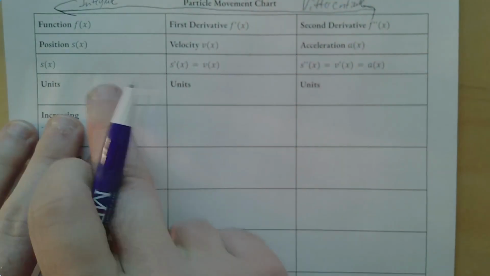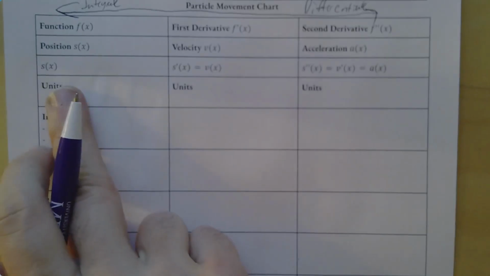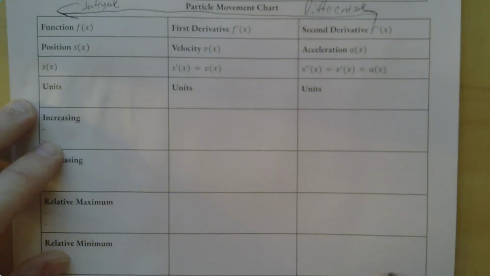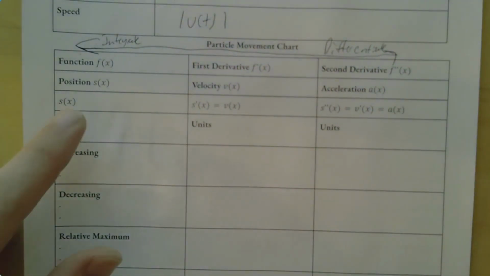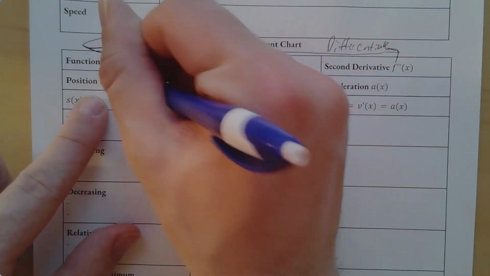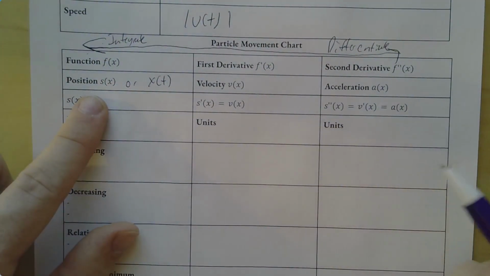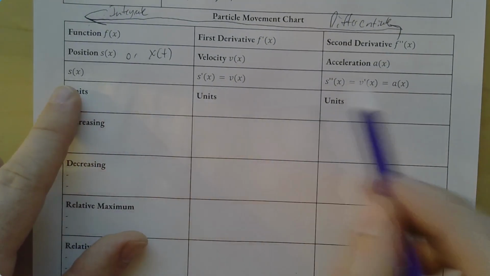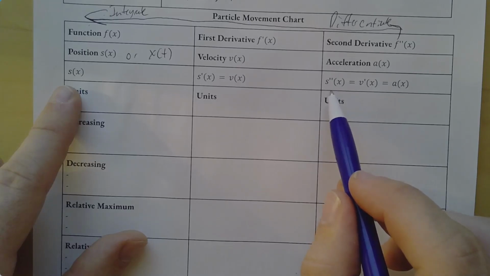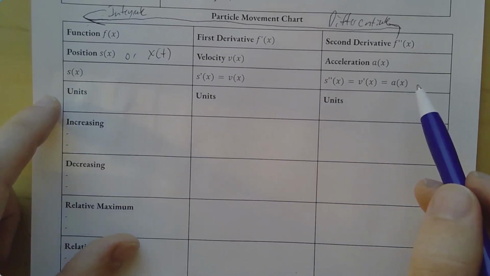So we have position, velocity, and acceleration. You have s of x, sometimes written as x of t, or v of t. They have different letters. Position can be shown as s of x, sometimes called x of t too, and same thing v of t or a of t. The derivative of position is velocity. The second derivative of position is acceleration, or the derivative of velocity is acceleration. You should be very familiar with that.